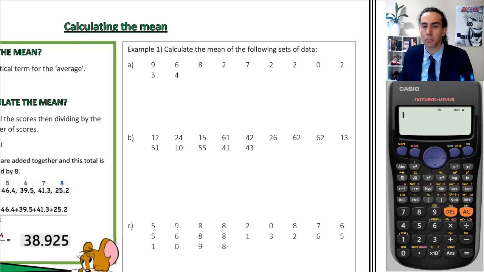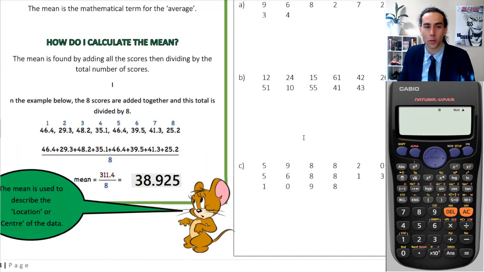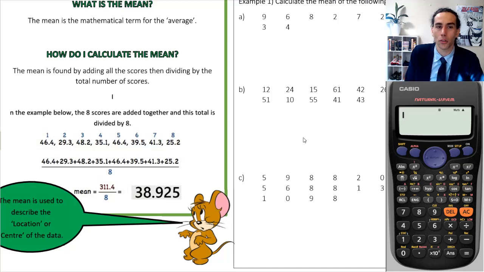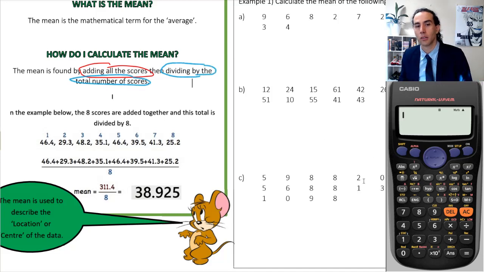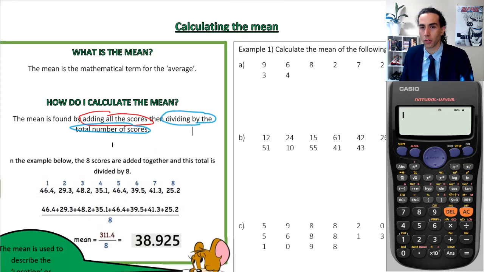Last one, this mean. I don't think you can get time for it today. But the way you do it is you add all the scores. And then, in blue, divide by the number of scores. So, if there are 8 scores, you add all 8 of them, divide by 8. So the first one, I'll just do the first example only.